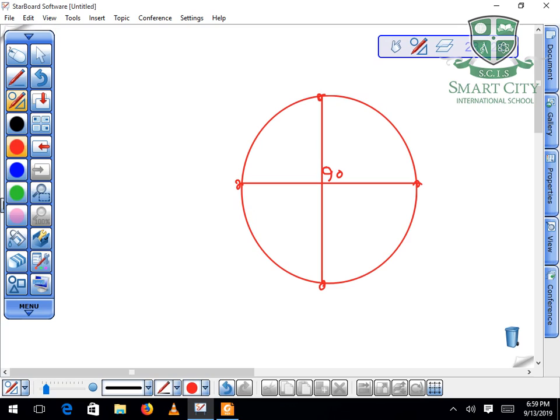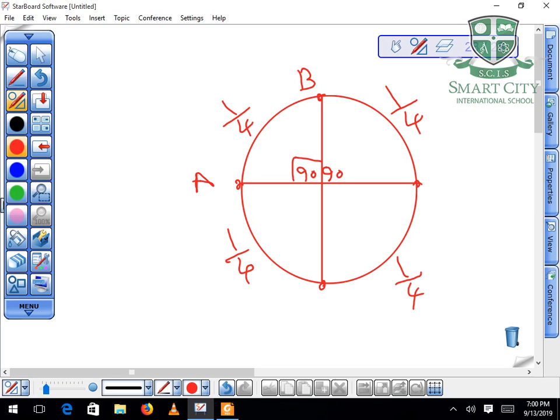Yes, it is also divided into 4 equivalent parts. Each one is 1 over 4. So from A to B is 1 over 4 of the whole circumference, exactly like the opposite angle is 1 over 4 of the whole 360.